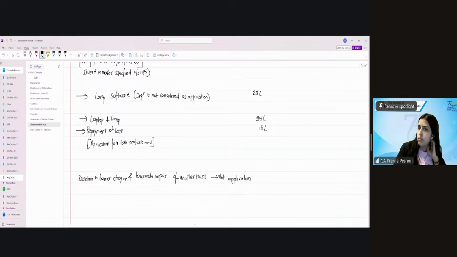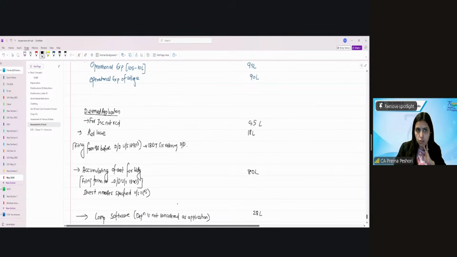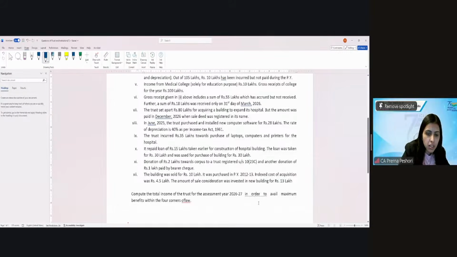Entire capital gain will be allowed. Entire capital gain will be considered as application, right? Because here we are investing the entire amount. So this 10 minus 4.5 lakh, 5.5 lakh will be my capital gain.